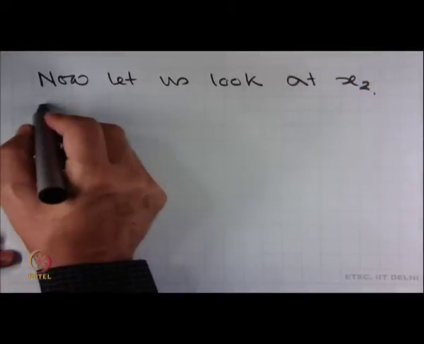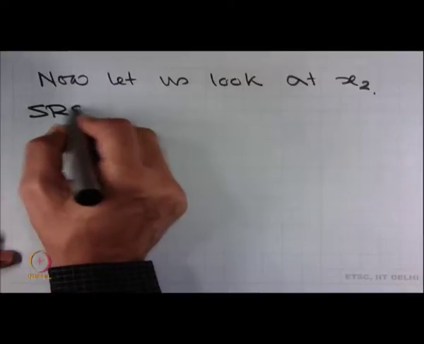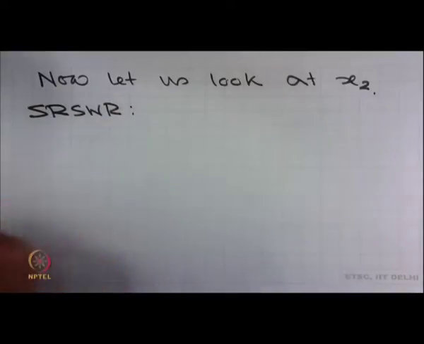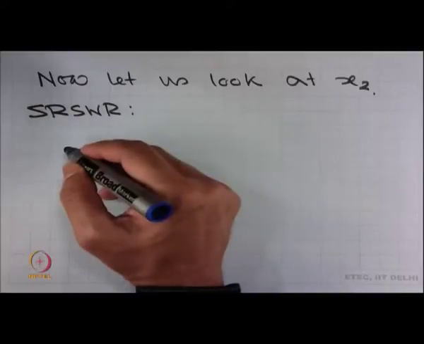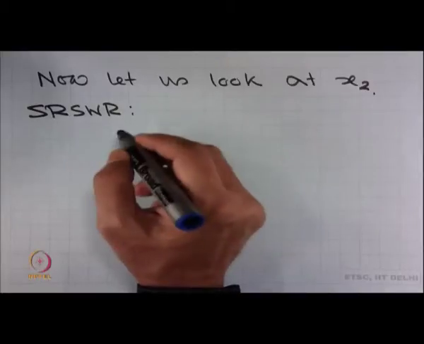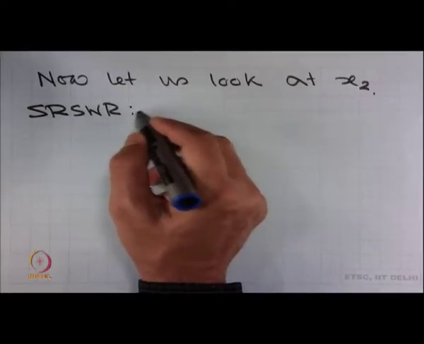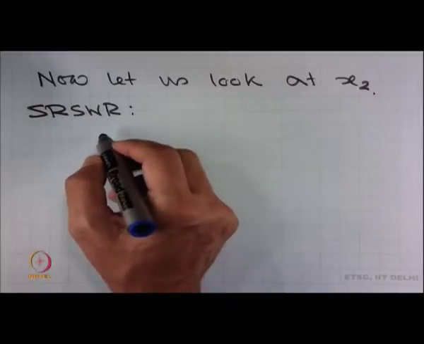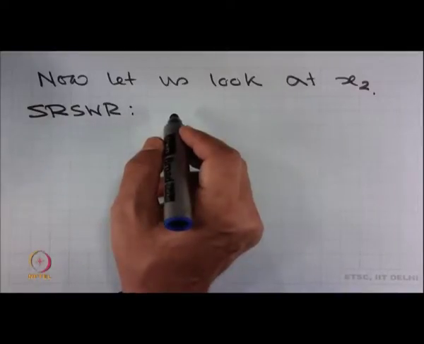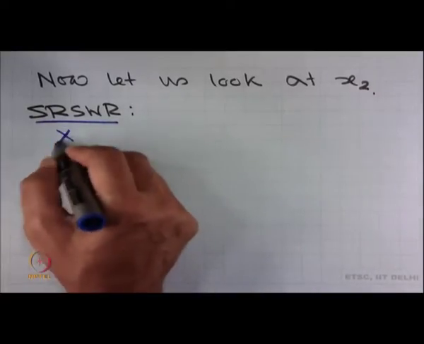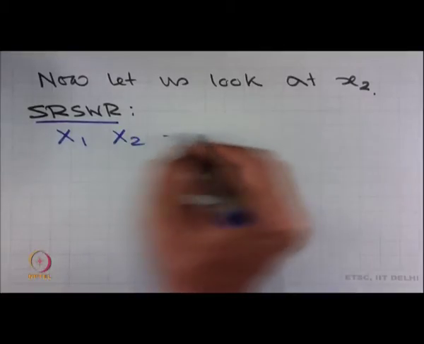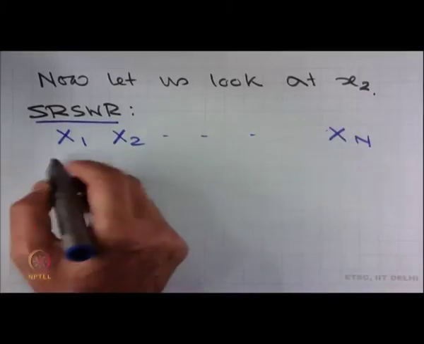Now, let us look at X2 under SRS WR. If you are doing simple random sampling with replacement, then whichever element has been taken as the first unit of the sample is put back into the population again. So, for SRS WR, again I have all x1, x2, ..., xN, and they are all equally likely.